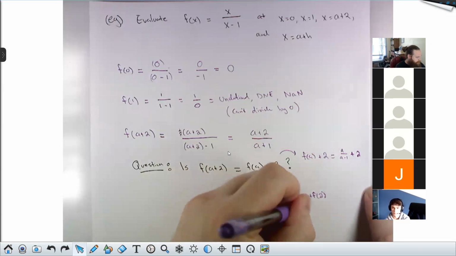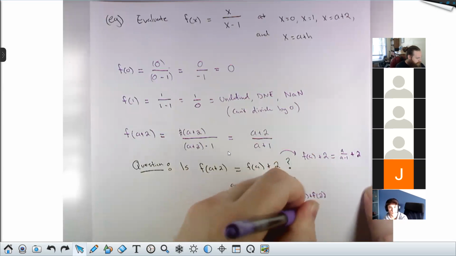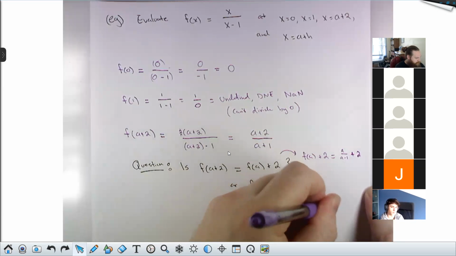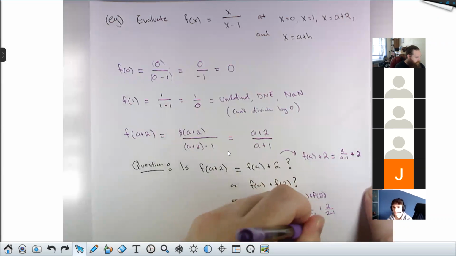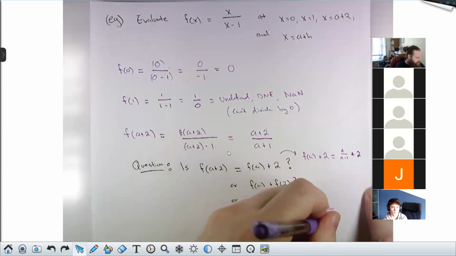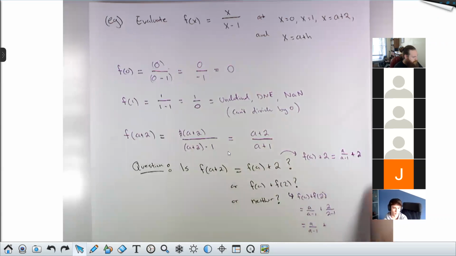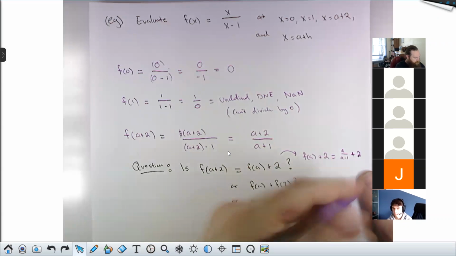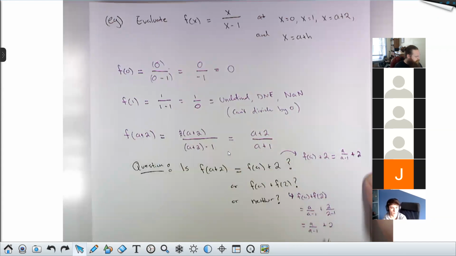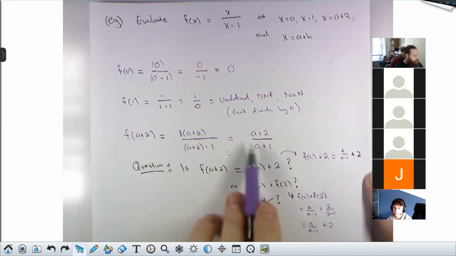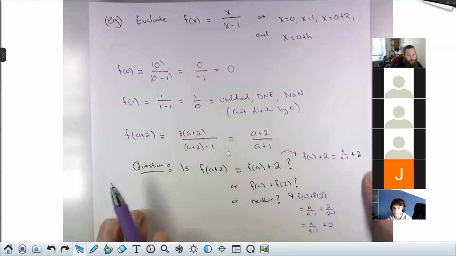F of a plus f of 2 would be a over a minus 1 plus 2 over 2 minus 1, which is a over a minus 1 plus 2. So in this case, these two turn out to be equal to each other, but neither of them is equal to this. And in general, none of these things need to be equal to each other.